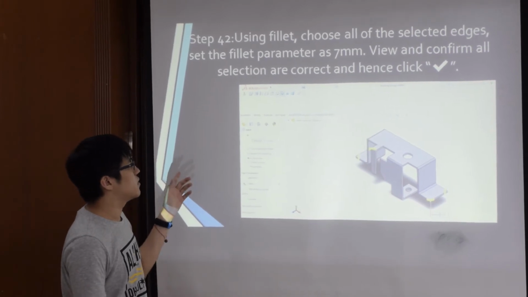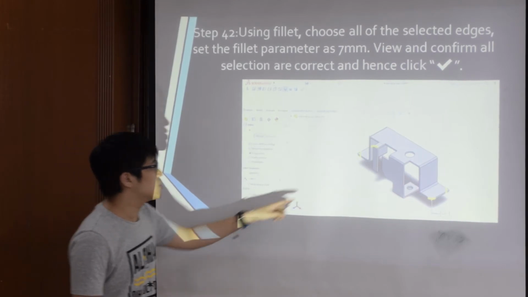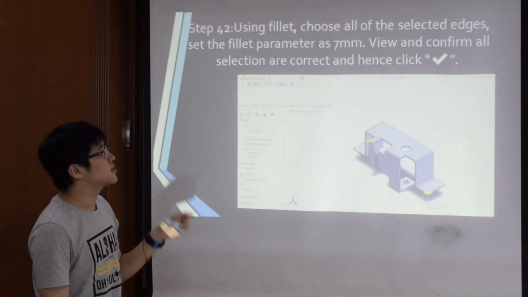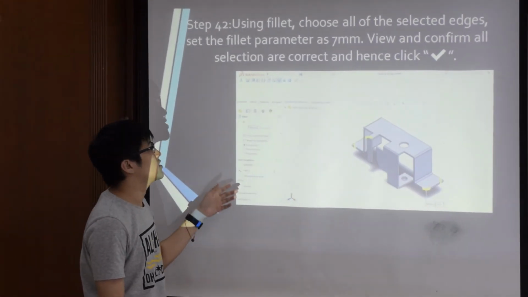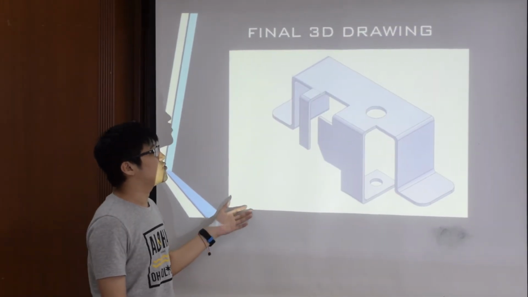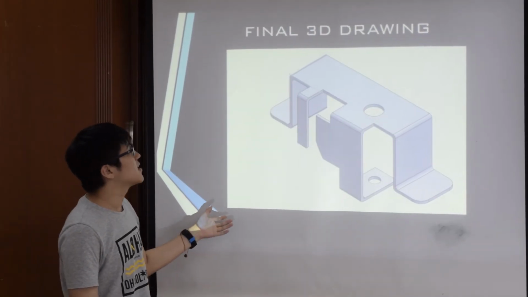Then after that, we use fillet again and choose the selected edge with this part, which is the fillet parameter set at 7 mm, and view and confirm all selections are correct, and hence click the tick. After that, this is our final 3D drawing, which fulfills our question.